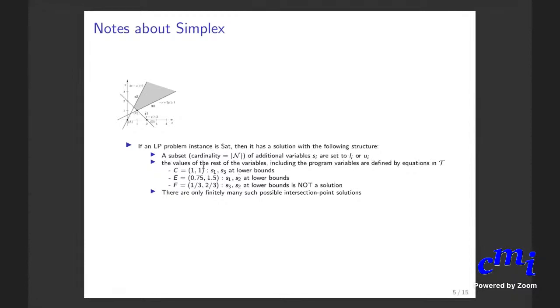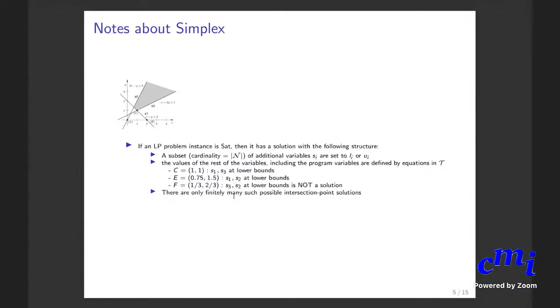All the rest of the variables, including the program variables, are defined as some linear combination of these variables that are set to their lower and upper bounds, as per the equations in the tableau.